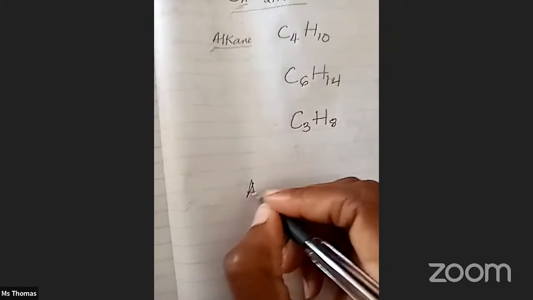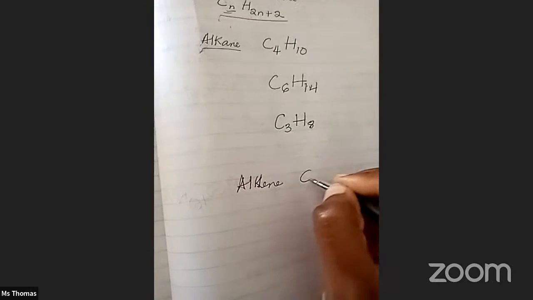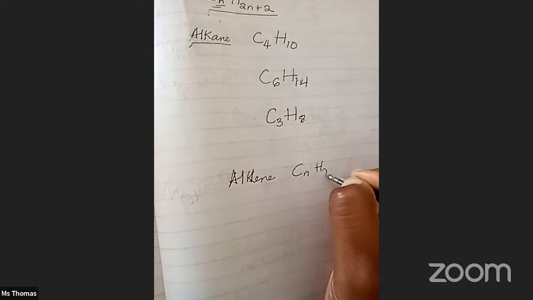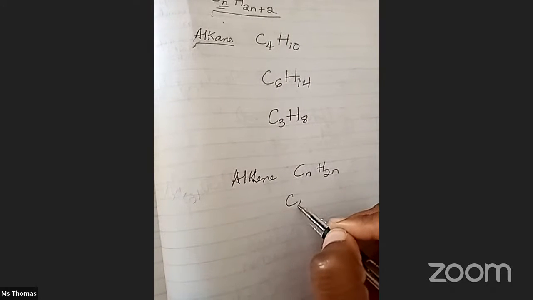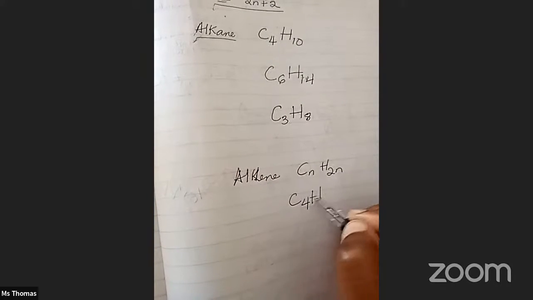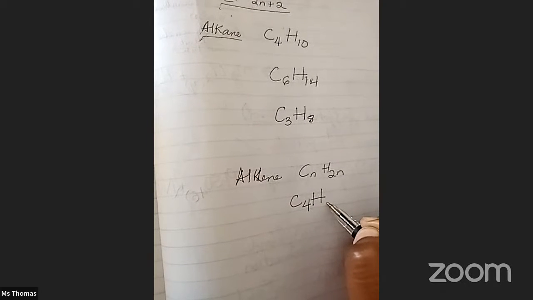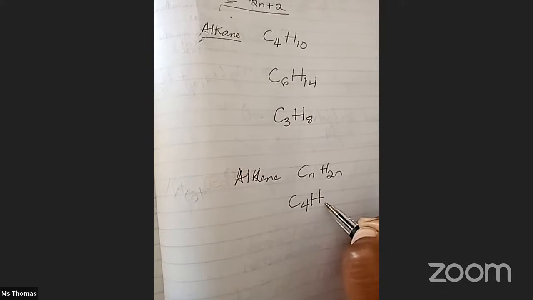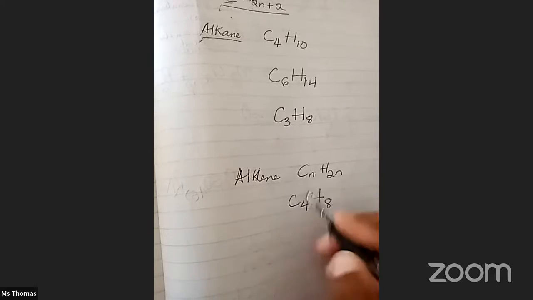So let us look at some examples. For alkenes, it's CnH2n. So if you have 4 carbon atoms, how many hydrogens would you have in an alkene? How many hydrogens would you have, class? 8, because it's 2 times n.